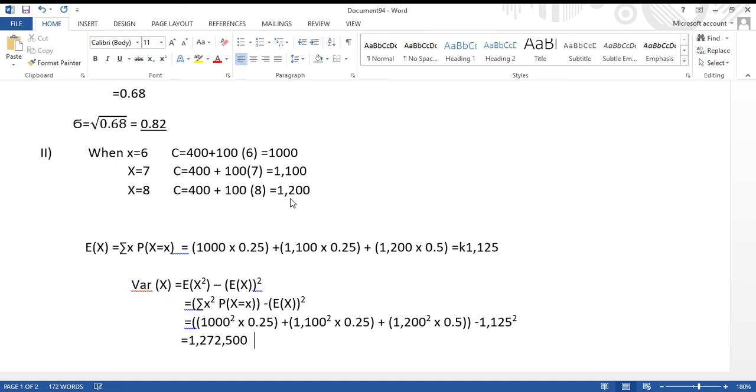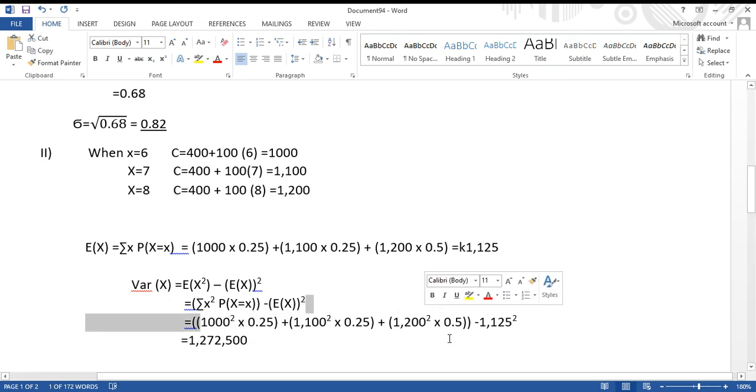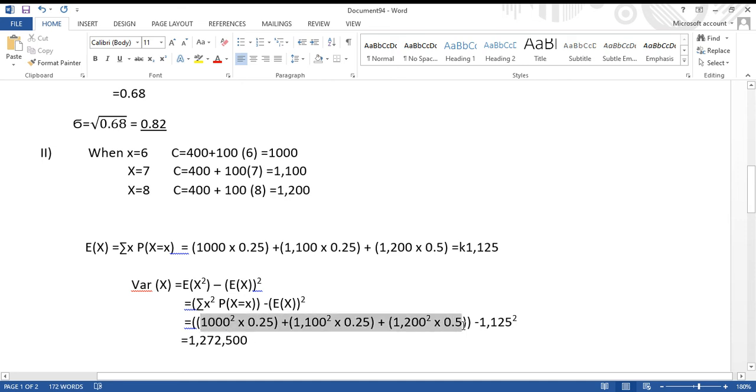After adding everything that I've highlighted, we get 1,272,500. Minus 1,125 squared, which gives 1,265,625.